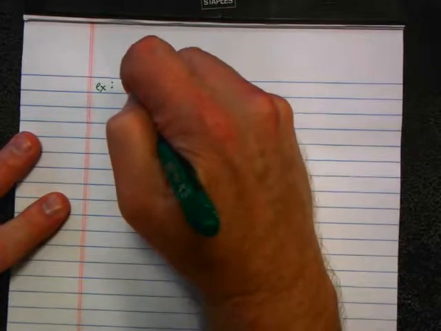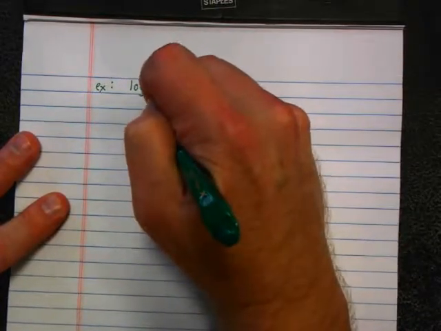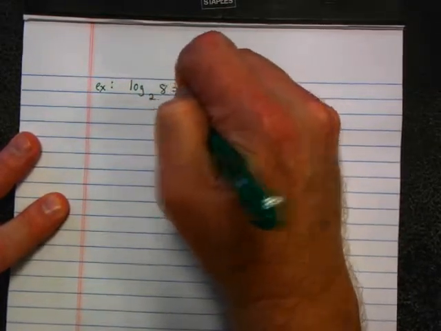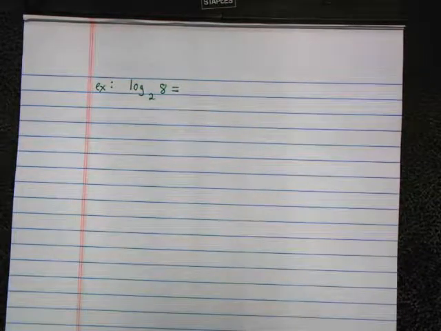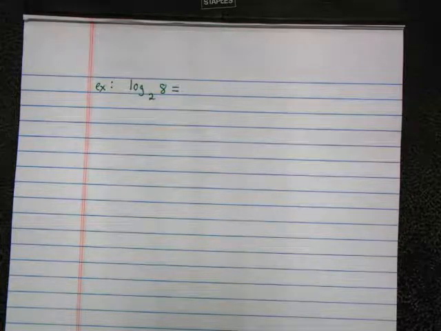What's the log base 2 of 8? 256 is not correct. 7 is not correct either. 4 is not correct. It's 3.